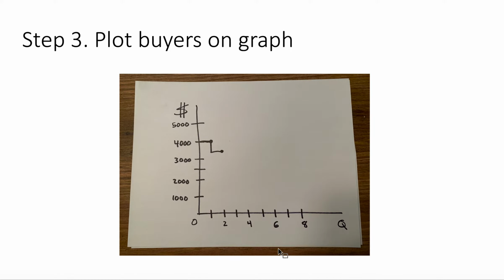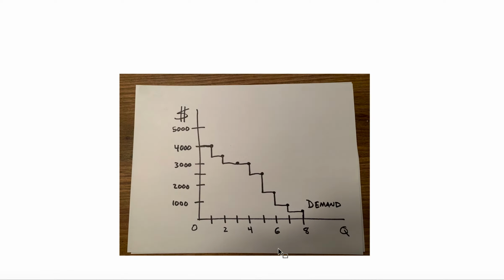The first buyer's maximum willingness to pay is 4,000. The second buyer's is 3,500. And you just keep mapping these buyers down until you get this staircase. Now you have your demand curve.